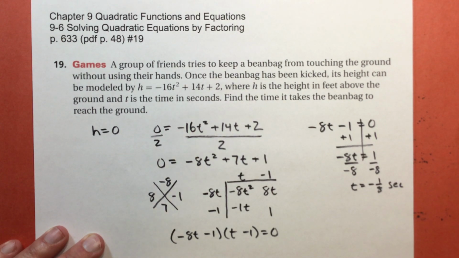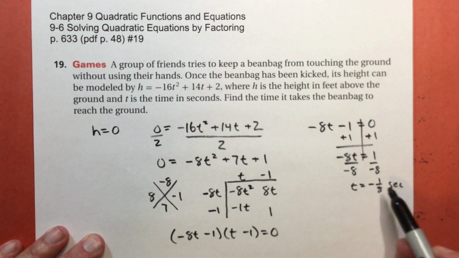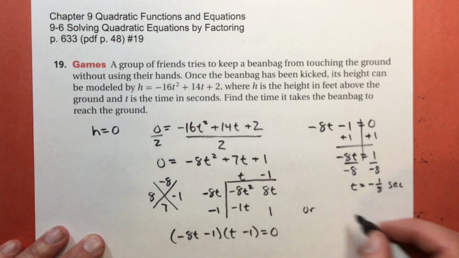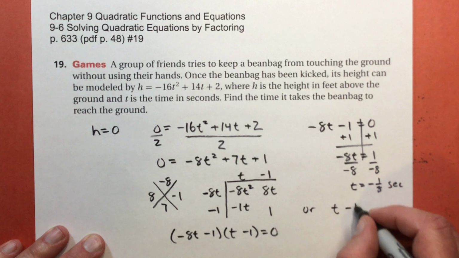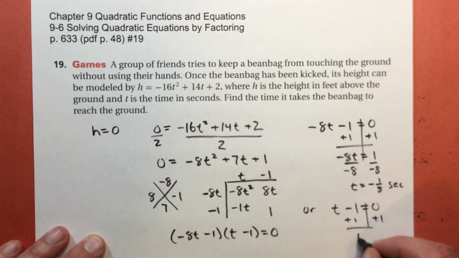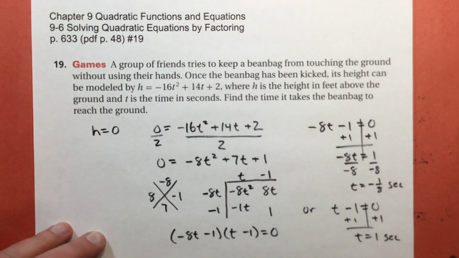But remember, we don't have negative time, so we're going to throw that answer out. I get it from the math, but it doesn't make sense within the context of the problem. The other one is going to be better: t subtract 1 equals 0, add 1, and I get t equals 1 second. That makes more sense. It means it takes 1 second for it to hit the ground.